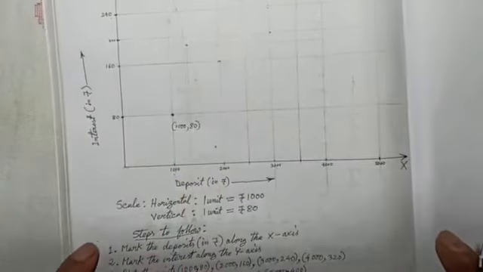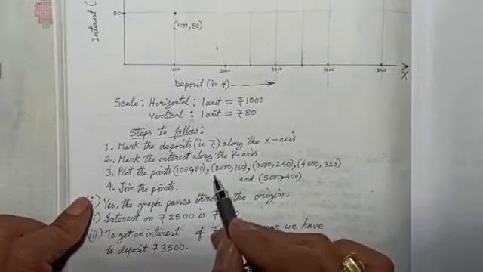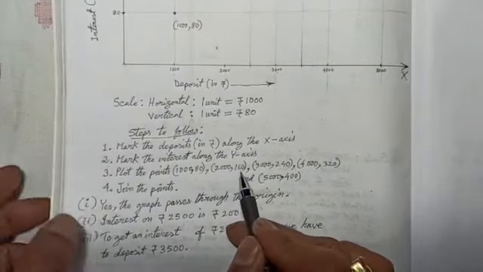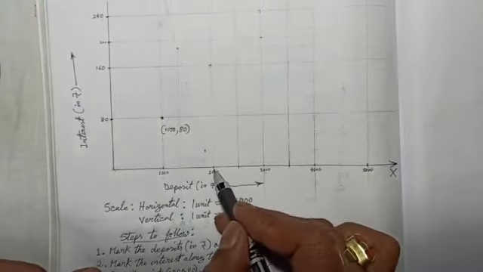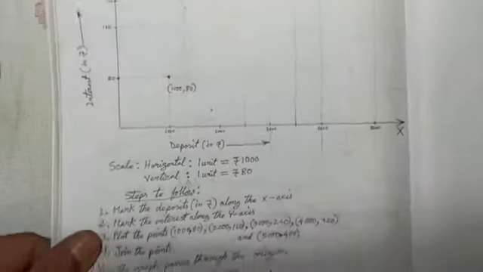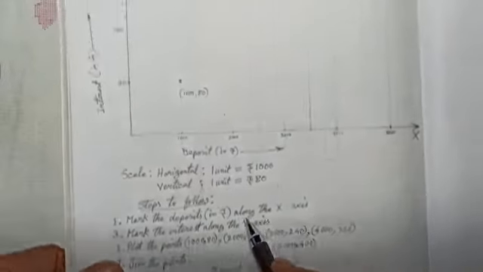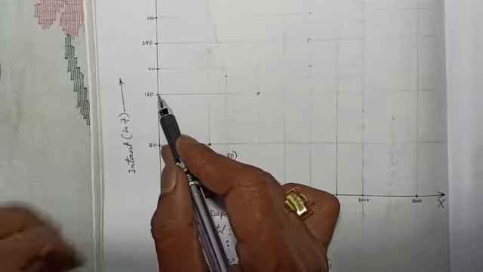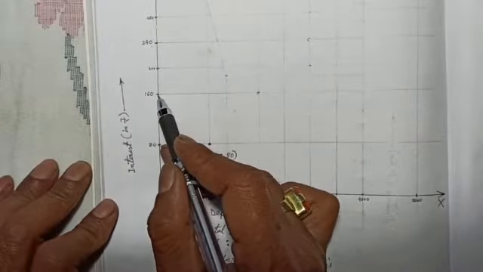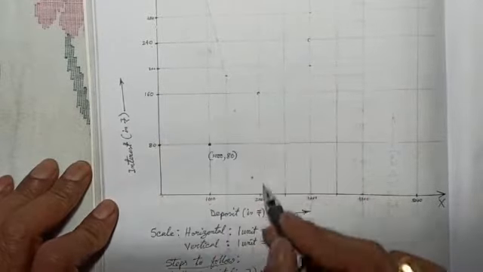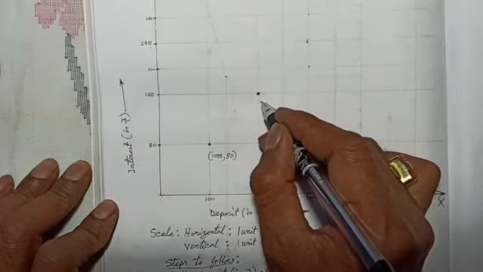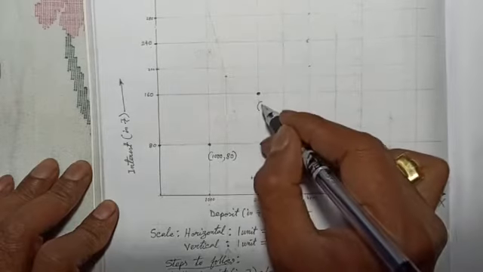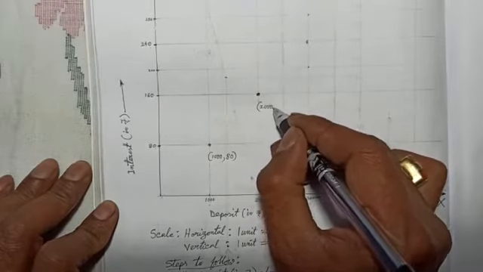And next is 2,000 and 160. 2,000 is here, and through this point we are drawing one perpendicular line, and here is 160. Through this point we are drawing another perpendicular line, and these two perpendicular lines intersect here, and this point is the coordinate of 2,000 and 160.